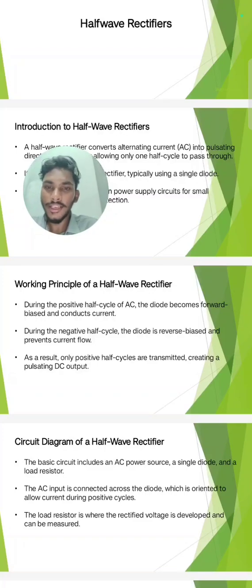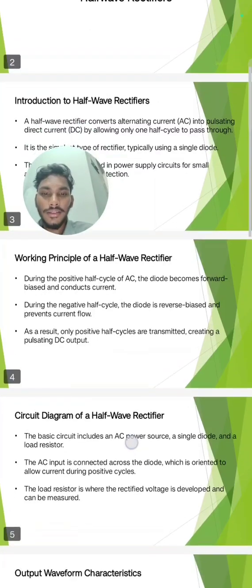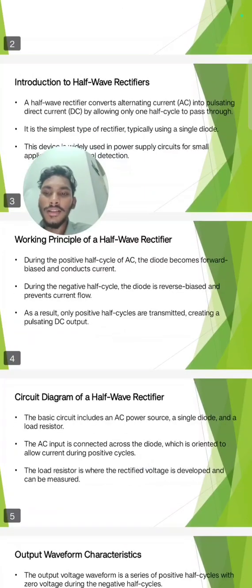The second one, the controlled half-wave rectifier, uses a thyristor, that is an SCR, instead of a diode. The output can be controlled by changing the firing angle alpha. The circuit can be built using an SCR, diode, load and firing circuit. So this is the working principle, types and introduction to half-wave rectifiers.